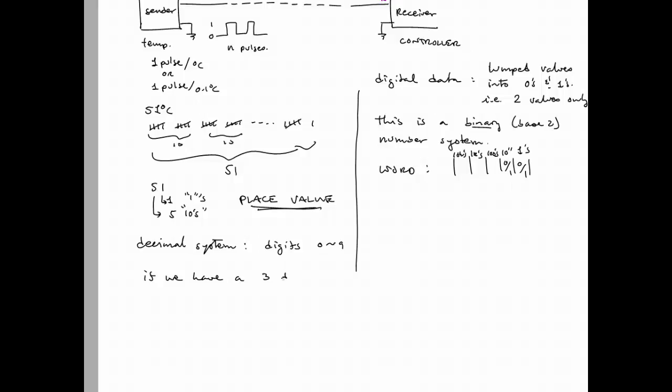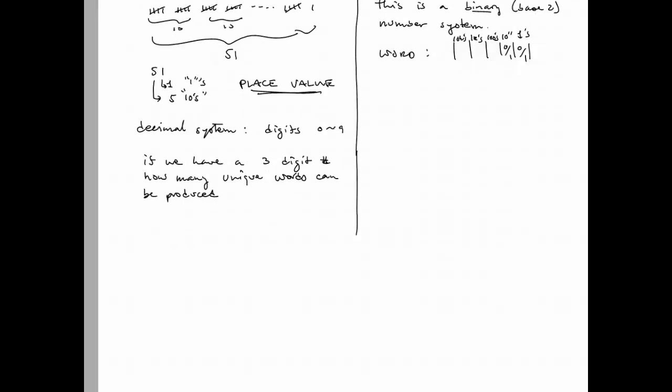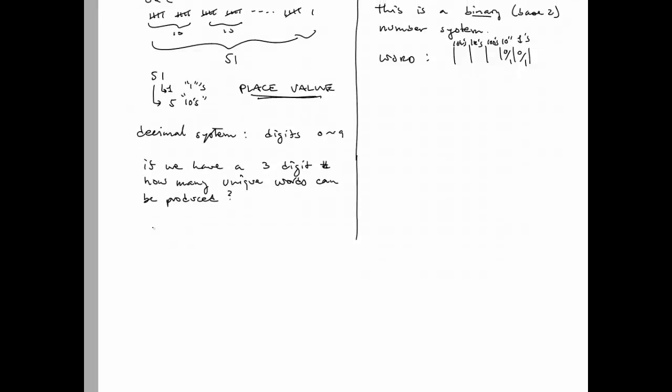If we have a 3-digit number, or call it word, how many unique words can be produced? Well, if it's 3 digits, then it means it goes from 0 all the way up to 999.